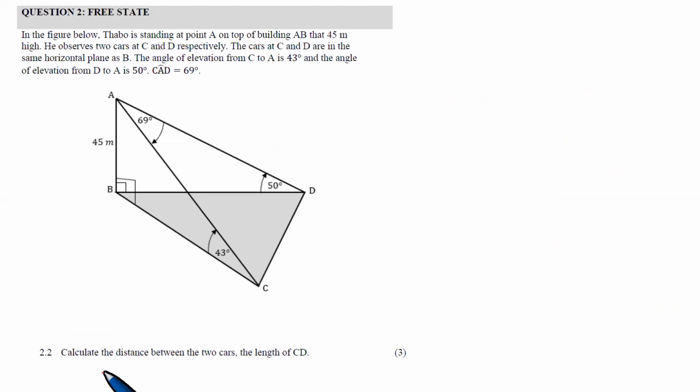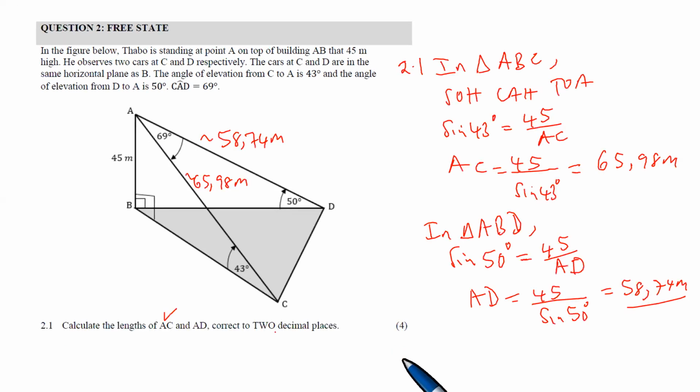Right, so they also said the given information basically is pretty much uniform, as seen before. We need to be able to calculate the distance between the two cars. Right, so the length of CD, how far are the two cars from each other? And the marks are only 3, so way too easy. But now we need to remember something.